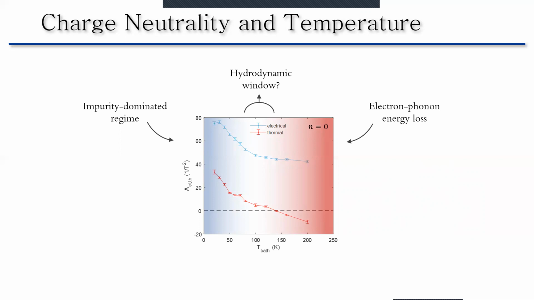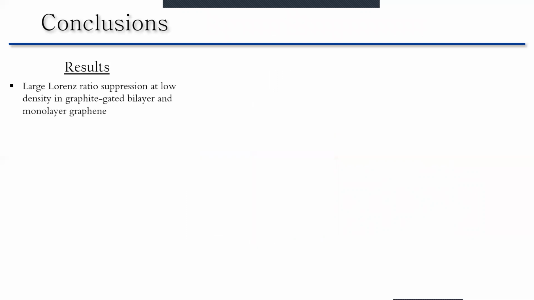So with that, just about out of time, let me start with some quote-unquote conclusion. We have a set of results here: a large Lorentz ratio suppression at low density in both bilayer and monolayer graphene, and we believe we've ruled out alternative explanations and that this is coming from hydrodynamics.